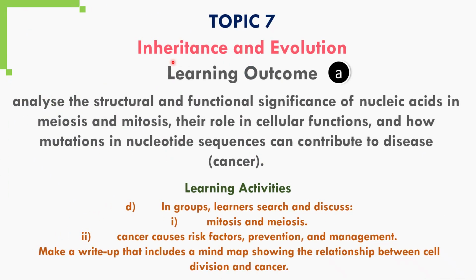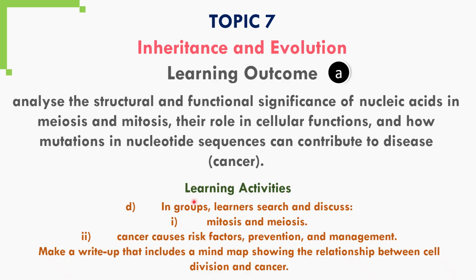Thank you very much for participating in Inheritance and Evolution, our learning outcome: structure and functional significance of nucleic acid in meiosis, mitosis, their role in cellular function, and how mutation in nucleotide sequence can contribute to disease like cancer.